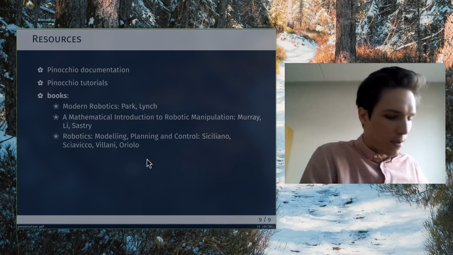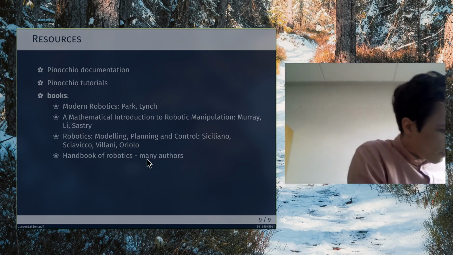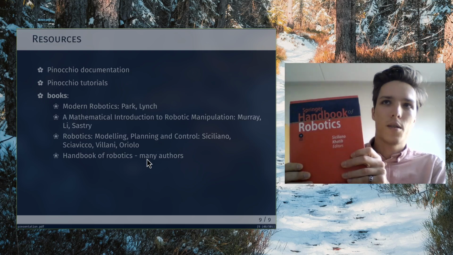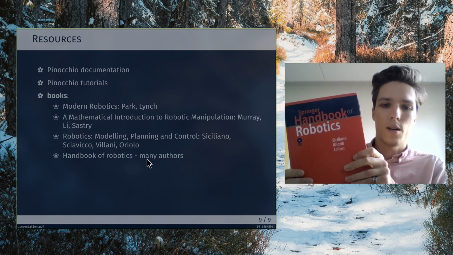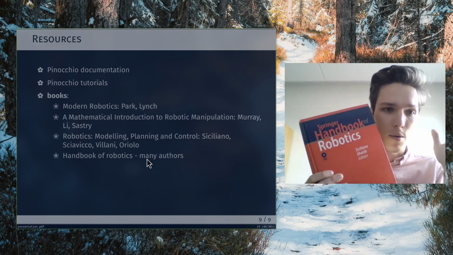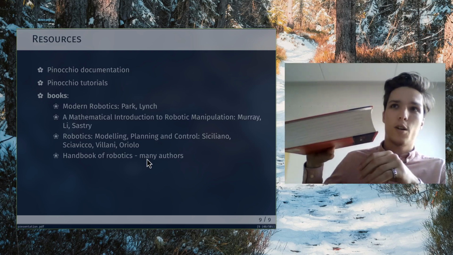And finally, since I'm showing off books already, the Handbook of Robotics is the book to get started with robotics in the wider sense. I know this is in the Pinocchio library tutorial, but this is a thick book.